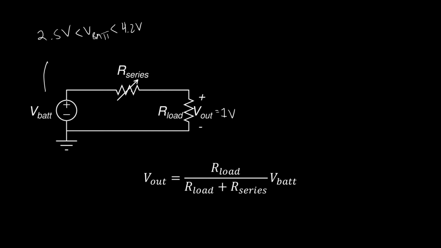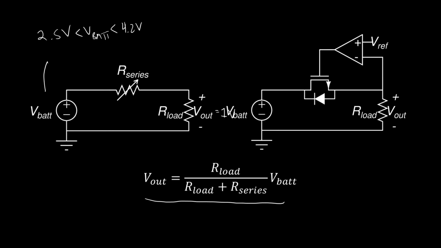So what we did was we put a resistor in series with the battery and the load, and we found that there was this relation between the input and output voltage, the battery voltage and the output voltage. And for some VBAT, we would choose our R series to force V out to be 1 volt. And again, I mentioned you could sit there with a little rheostat, a little variable resistor, and adjust our R series to force this to happen.